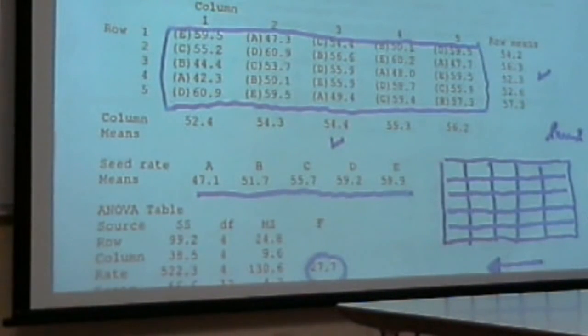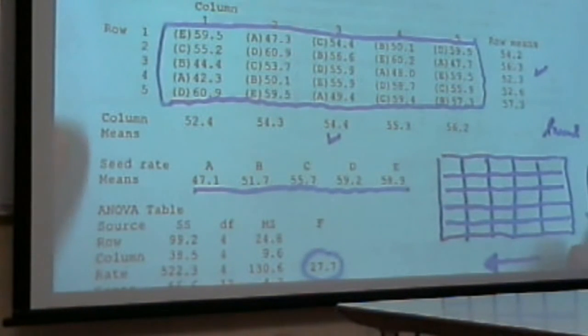I'm interested in the seeding rates for the wheat, and that's this one row here in the ANOVA table. So the F statistic is 27.7. I don't have it written here on the handout in front of your eye, but I know when you check the F table, you would find that to be significant. So by running this experiment in this Latin square design, we conclude that there is a difference in the yield depending on these seeding rates.